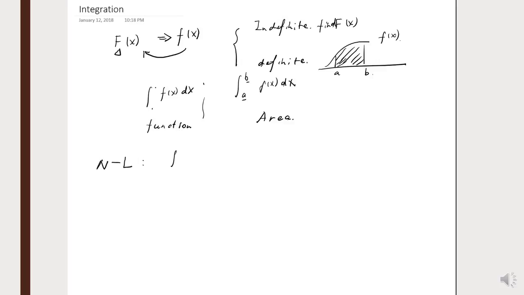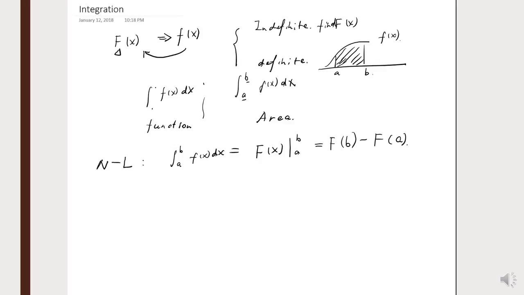When you're doing the definite integration like this, you find the original function capital F(x) first, and then take the function value at the b point and also at the a point and do the difference between them. So we're going to have this. That is the area or the value for the definite integration.